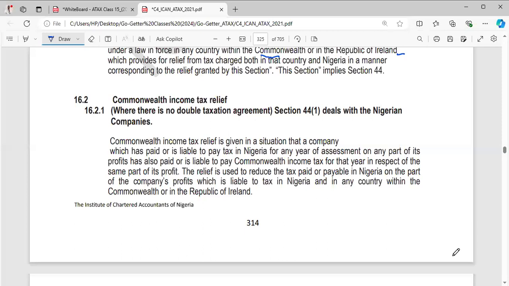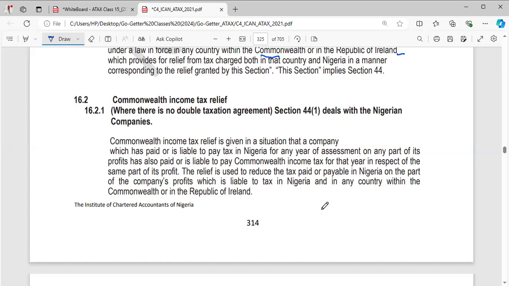And there is no specific agreement between Nigeria and the United States, then the Commonwealth income tax relief will be applied. The relief is used to reduce the tax paid or payable in Nigeria on the part of the company's profit that is liable to Nigerian tax, which has already been taxed in the foreign country.